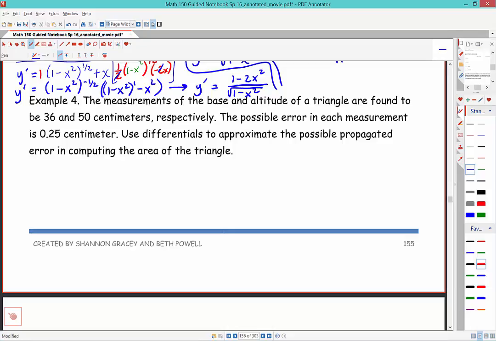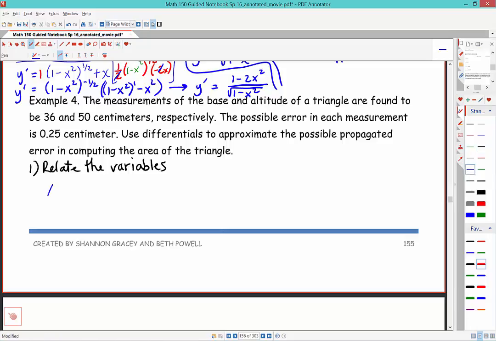So what should we start out with? Good. Maybe we should relate the variables in some way, right? It's not a related rate problem, but you relate the variables to figure out what you have going on.